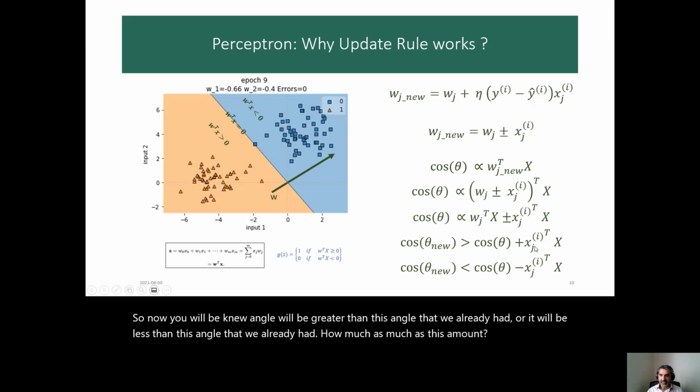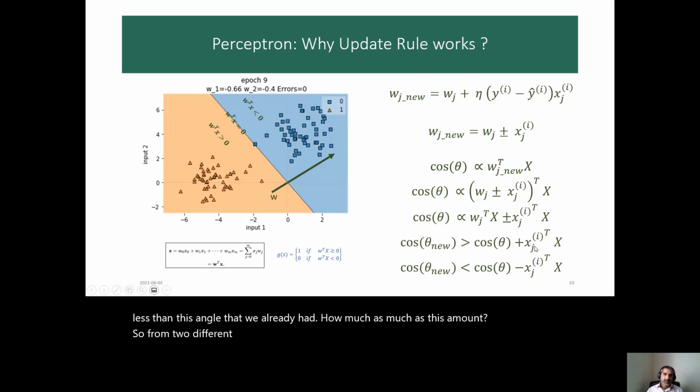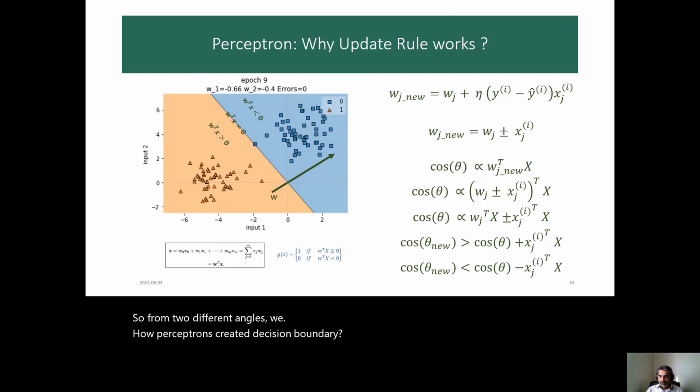So from two different angles, we now know how perceptrons create a decision boundary that can be a useful thing for binary classifiers. Analytically, we understand. Geometrically, we understand why it works and how it works.